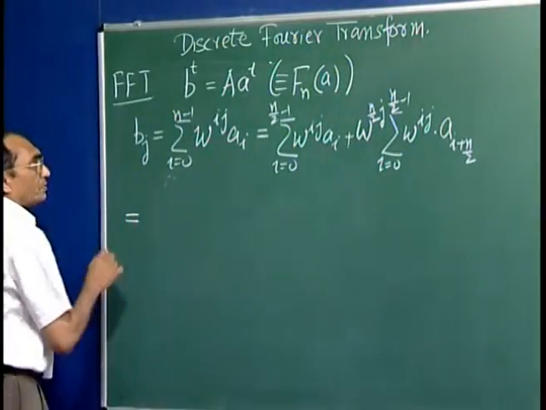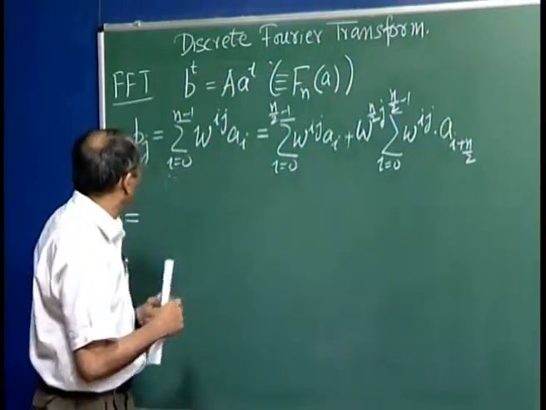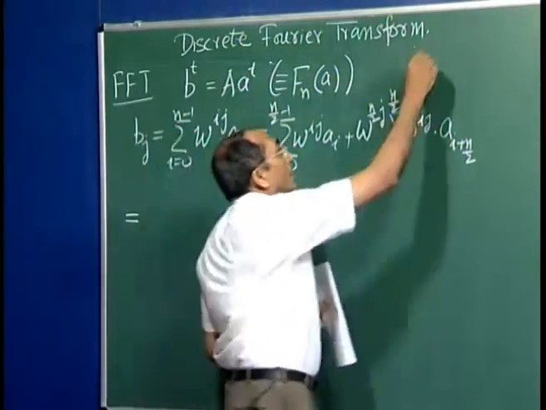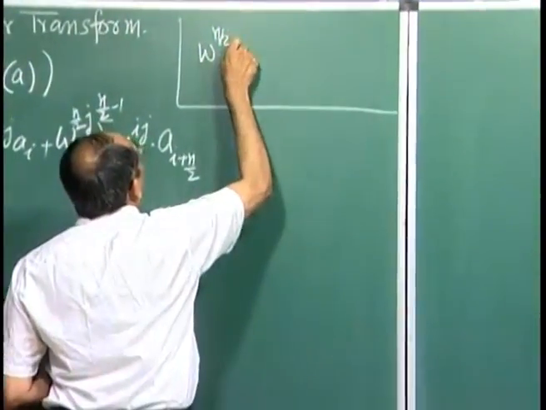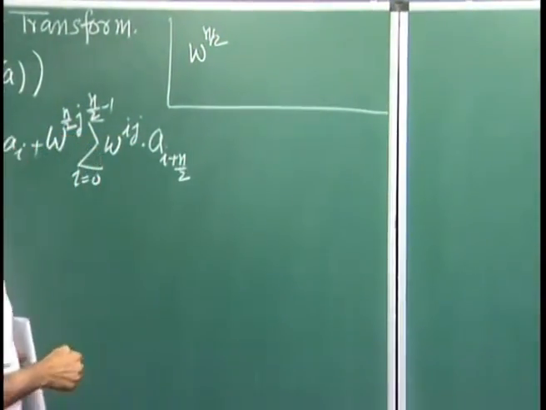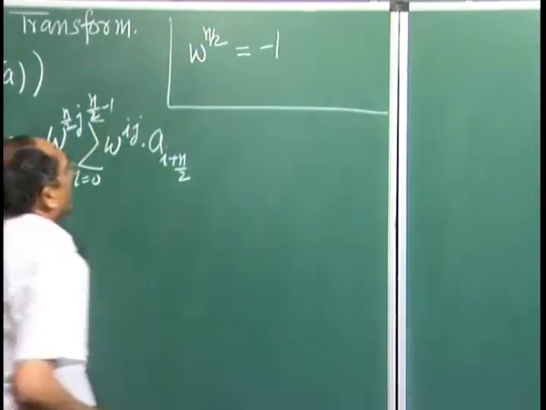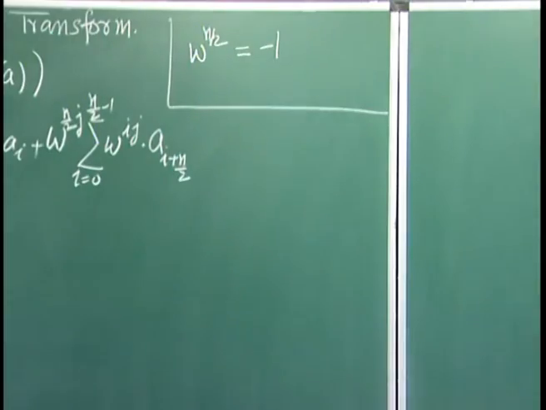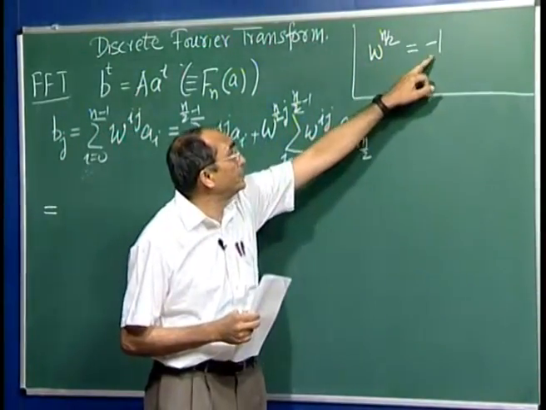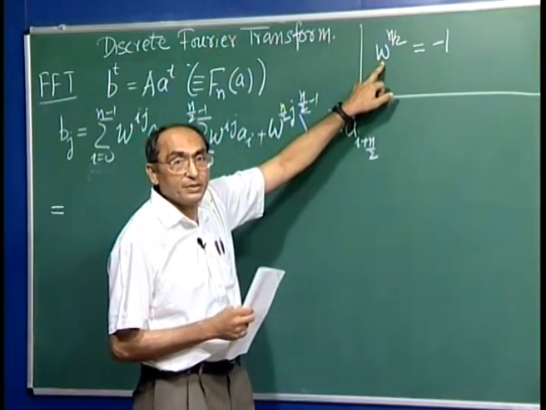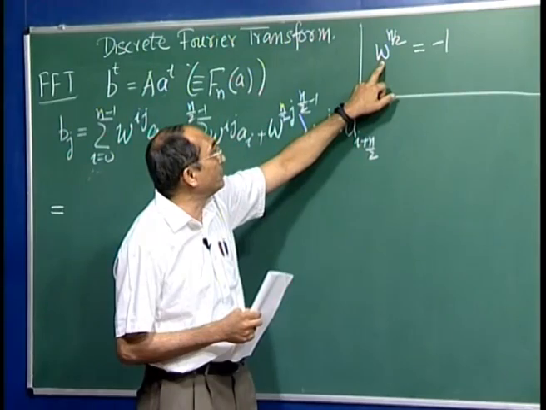Now, w^(n/2) is minus 1, because the square of this is 1, and this cannot be 1 because w is a primitive root of unity.